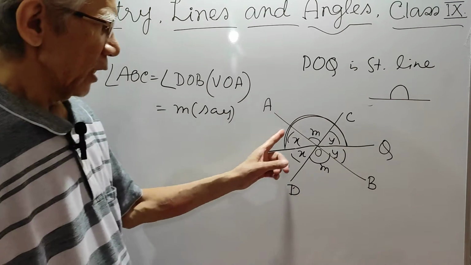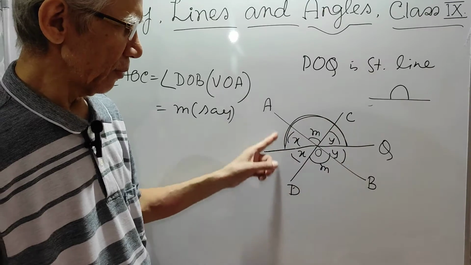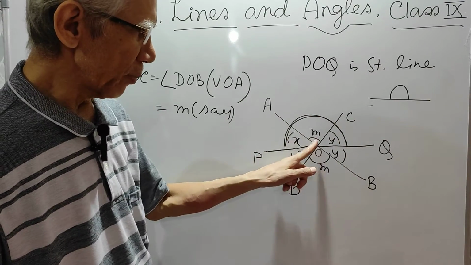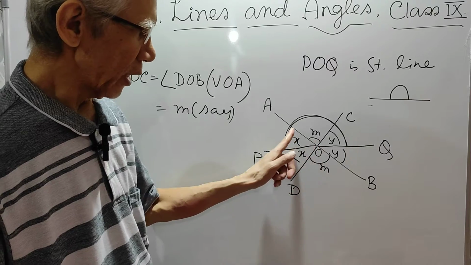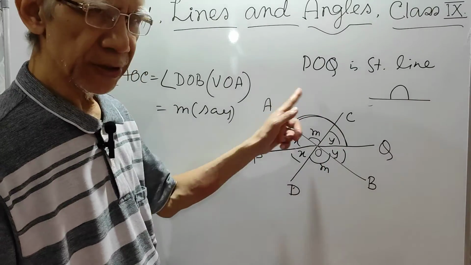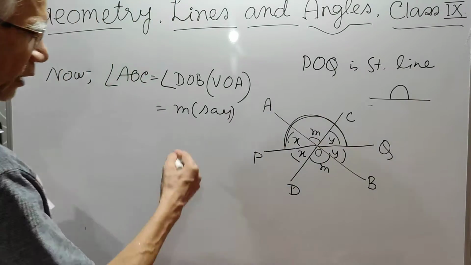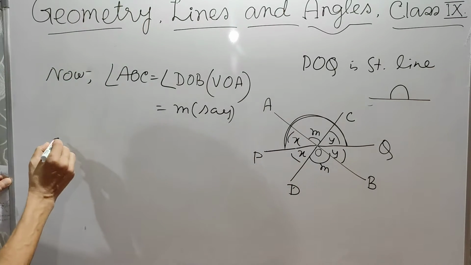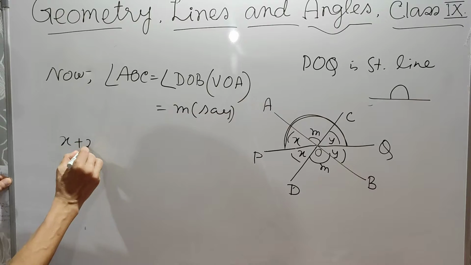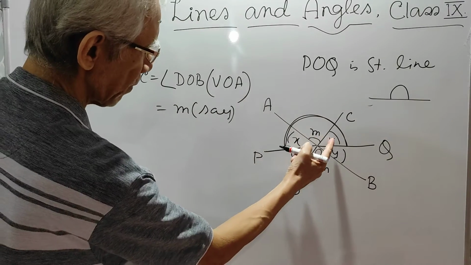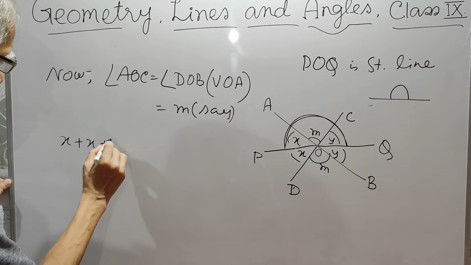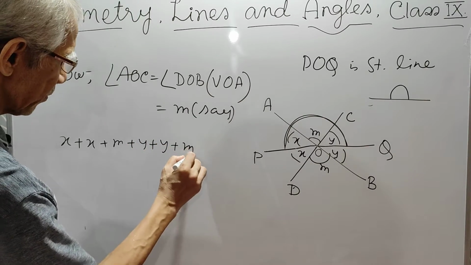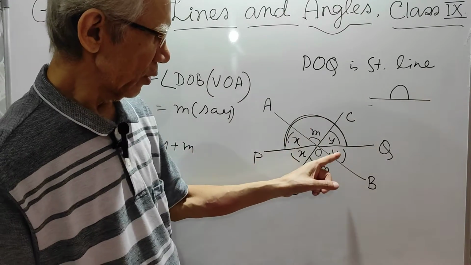Now you see the whole angle is 360 degrees. The complete angle around a point. This is point O. So around O, the whole angle is 360 degrees. Now the whole angle means what? X plus X, X plus X, plus M plus M plus Y plus M. See, 1, 2, 3, 4, 5, 6.